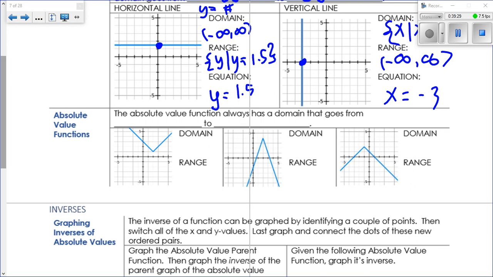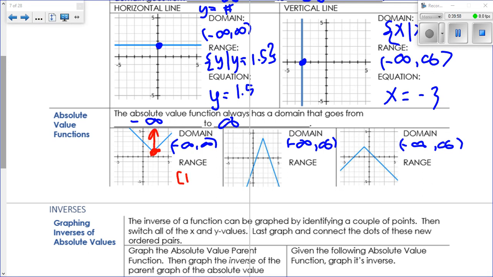Now we're back to absolute value functions. The absolute value function always has a domain that goes from -infinity to +infinity. So this domain all the way across, -infinity to +infinity. My range, on the other hand, starts at the lowest point. Starts here, goes up to positive infinity.